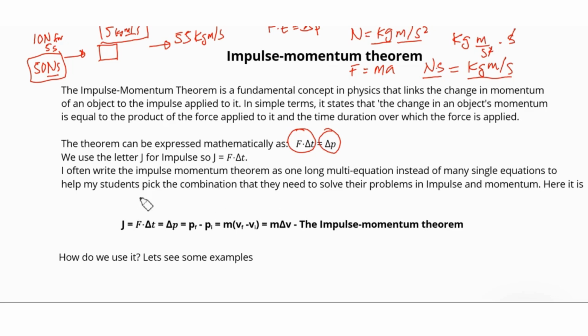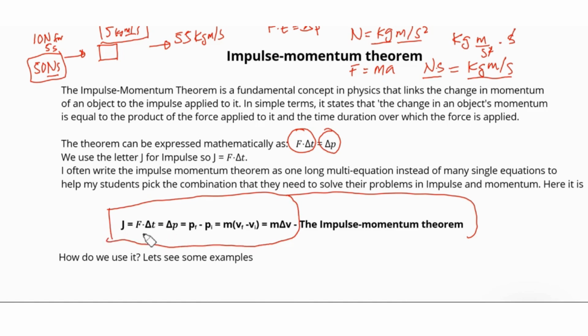Okay, now instead of writing many different equations relating all these together, I generally give my students really this equation right here, which is one long equation. It's showing that the impulse is equal to force times time, which is equal to change in momentum, which is simply p_f minus p_i, which could be written as m(v_f minus v_i) or m delta v.